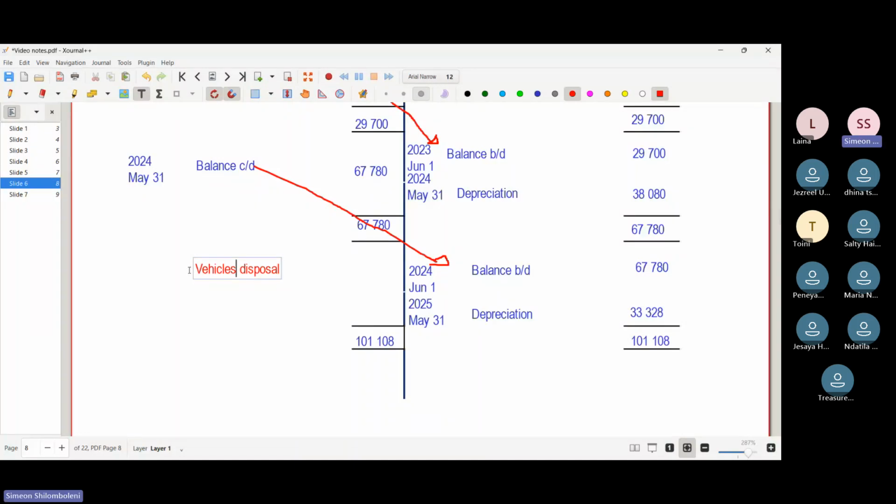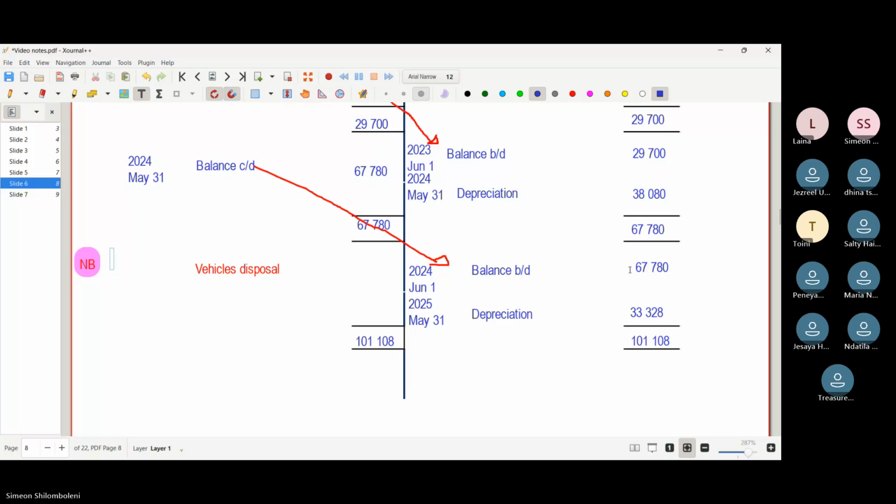Now, when did we sell? This one I'm also going to put an NB because learners lose a lot of marks here. Put here NB, and then I'm going to highlight it. And then I'll say, you must put the date when it was sold.